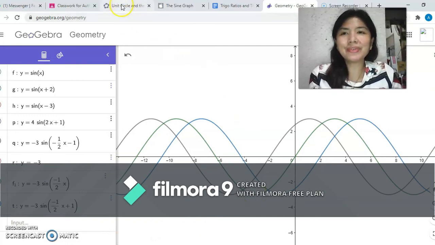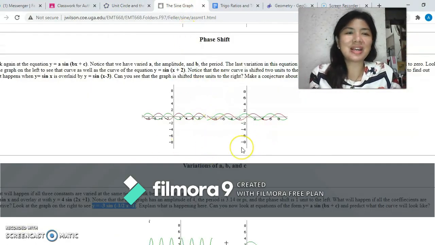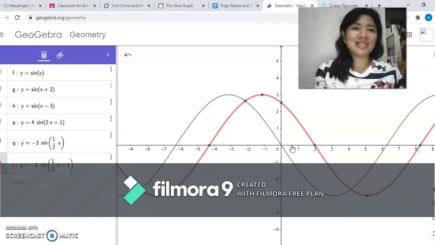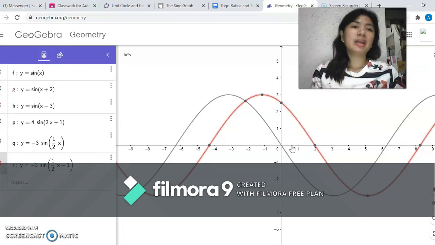Alright, so thank you to J. Wilson for sharing this online reference. So that's how the values A, B, and C of the sine function dictate or influence the sine graph. It's so amazing, right?